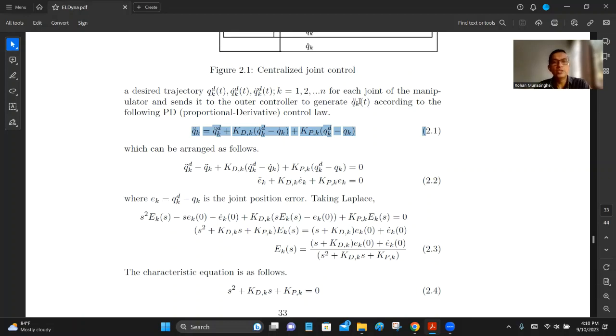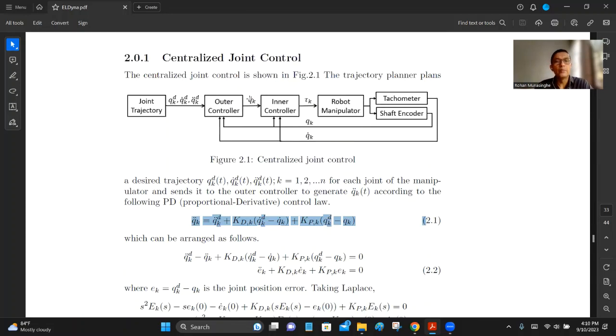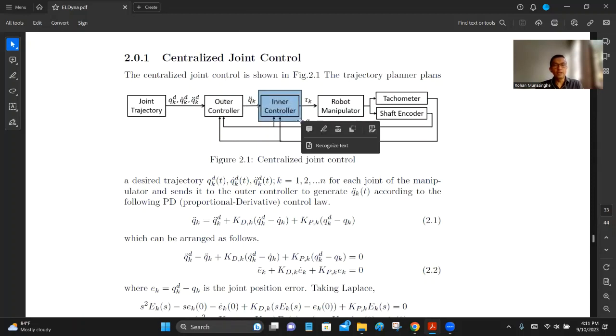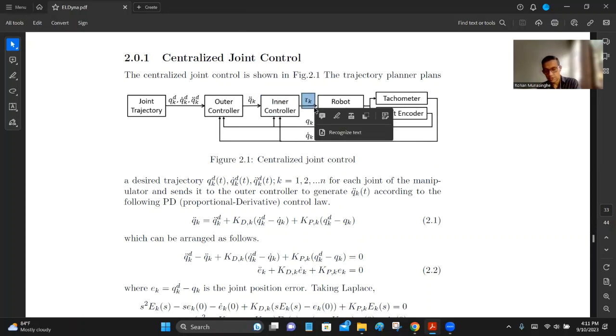Eventually you decide over here some acceleration, okay? Some acceleration for joints 1, 2, 3, 4, 5, 6, all of the joints. Now, what the inner controller has to do is to realize a torque, calculate a torque vector actually, for 1, 2, 3, 4, 5, 6, all of the joints, right? which corresponds to the acceleration vector here.